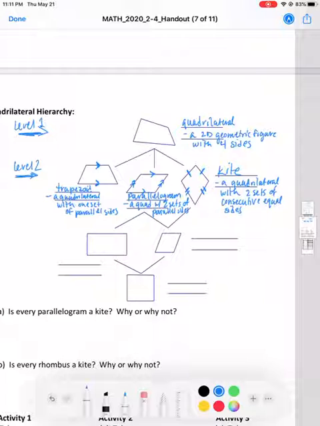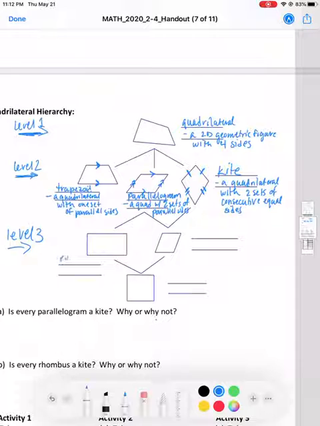Now going on to level number 3. Level number 3 has lines connecting to level number 2, and each of those shapes in level number 3 takes on all of the characteristics of the level above. So we can say that a rectangle is coming off of the parallelogram.